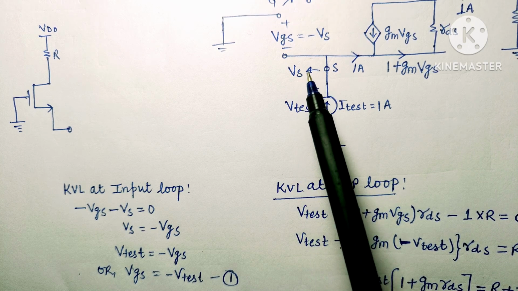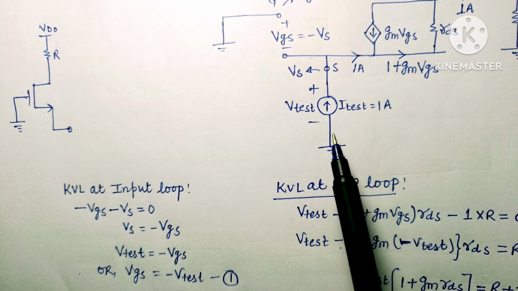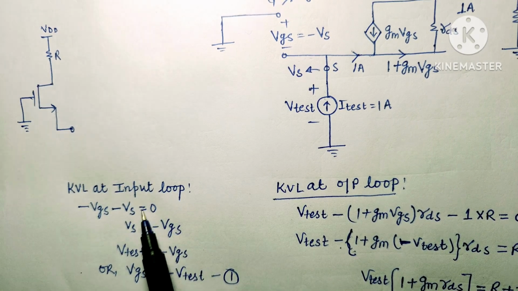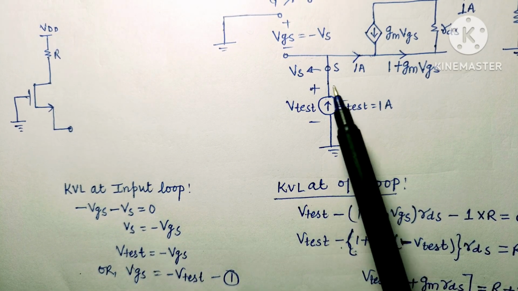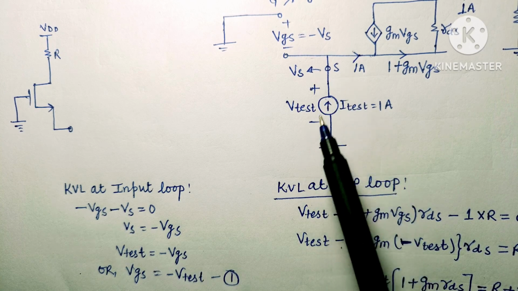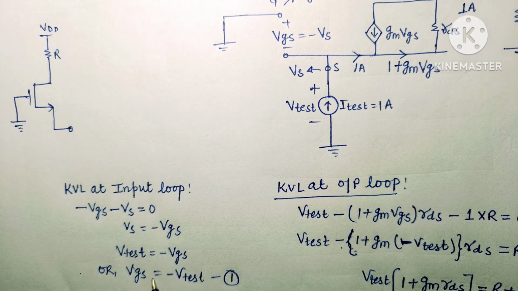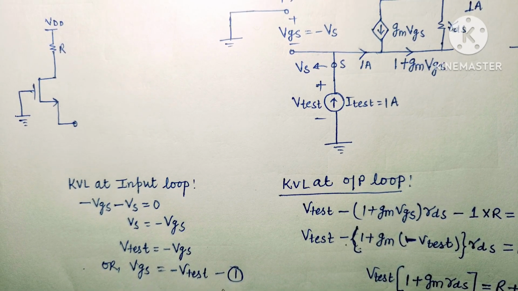So writing KVL, moving towards this node we find plus VS here and the second sign is minus, so minus VS equals 0. Now we can find VS is equal to minus VGS. From the circuit we can see that VS and V test voltages are the same, so V test is equal to minus VGS. So VGS can be written as minus V test, and we call it equation number 1.